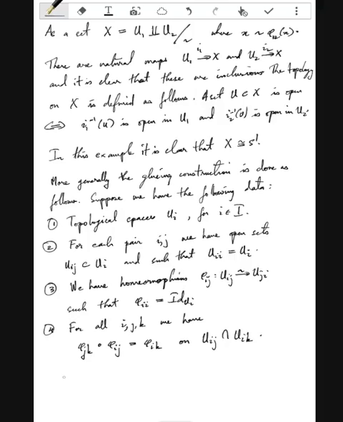So then we can construct a topological space. Okay, let's construct a set first. The set X is defined to be the disjoint union of all the Ui's modulo equivalence, and the equivalence is x is defined equivalent to phi ij of x.